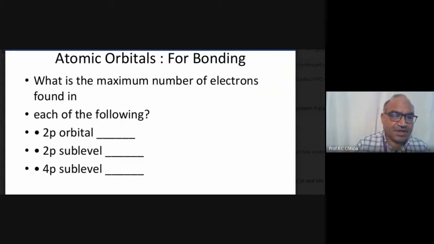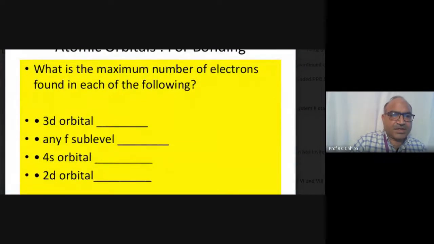So in the case of the 2p sublevel, 6 electrons can be accommodated: 2px 2, 2py 2, 2pz 2. In the case of 4p, the p atomic orbitals, the 6 electrons can also be accommodated. So these are the queries where we can get the answer.